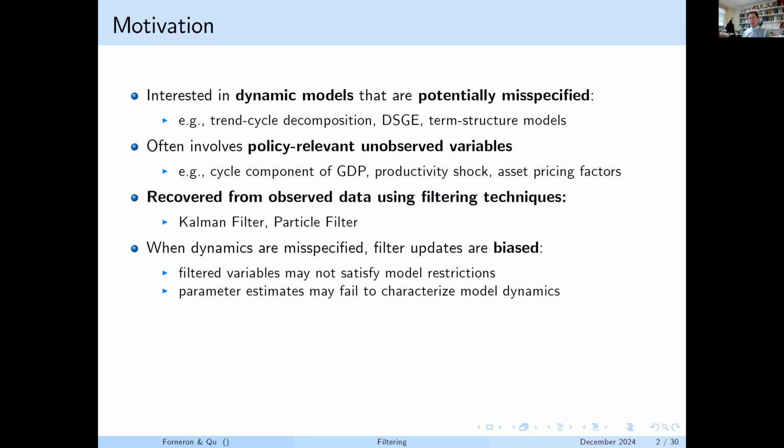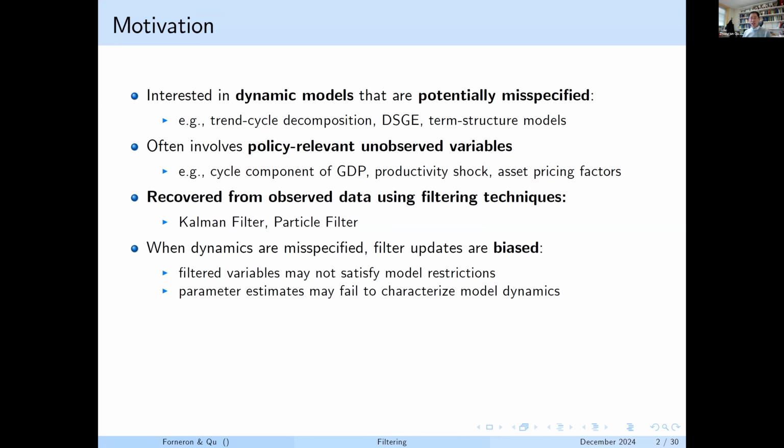That might include the Kalman filter for linear settings or the particle filter for nonlinear models. Our algorithm is going to cover both cases, linear and nonlinear. However, at the same time, the results for estimation, inference, and testing are for the linear case only.